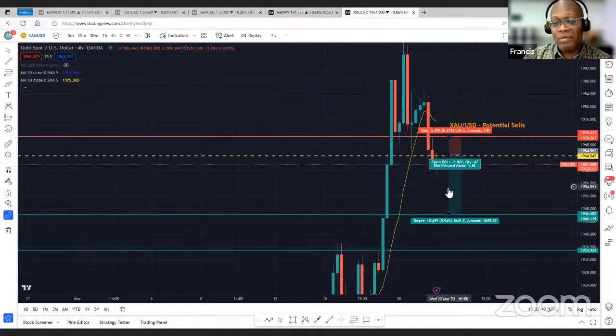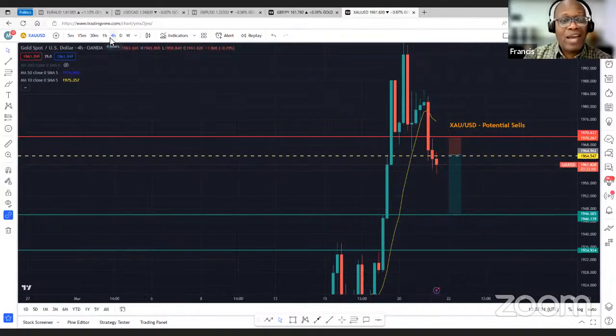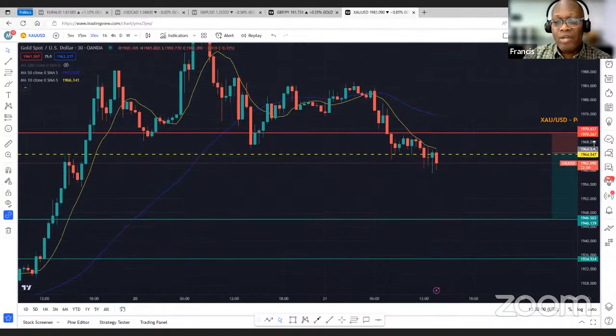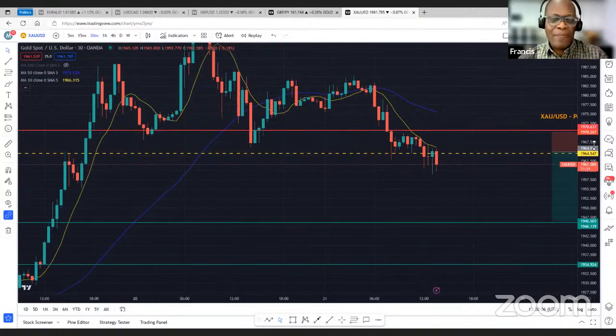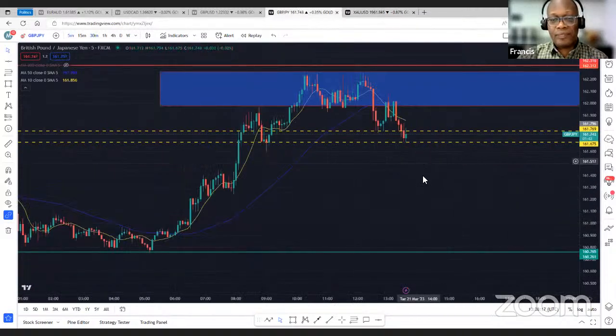So yes, this could further drop, but I now want us to get the best choice between gold and GJ to get into. I don't like to necessarily be in a trade for too long, so what I'm looking at now is the one that has the real momentum to move down quicker. So this is gold and this is GJ.